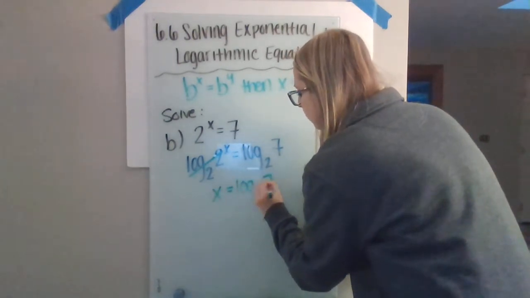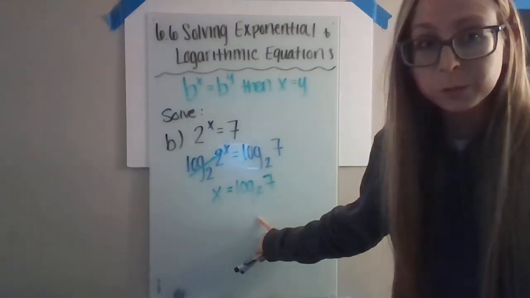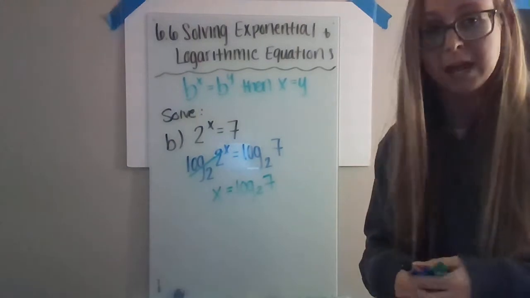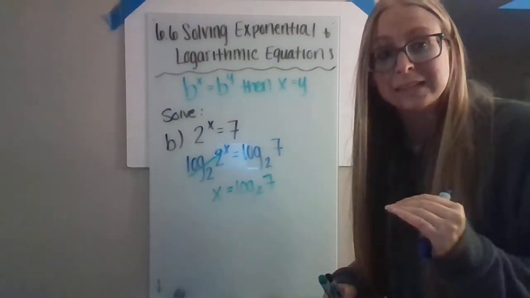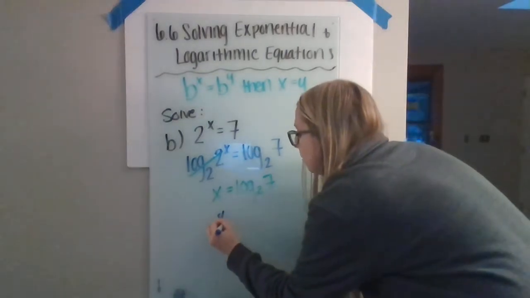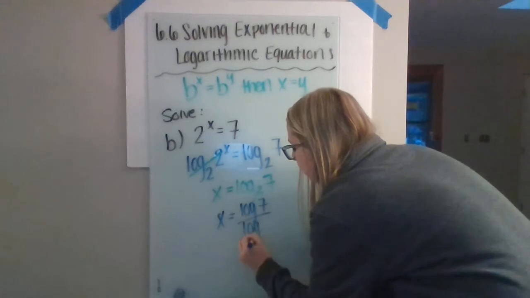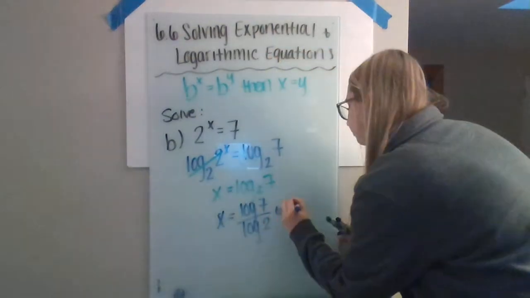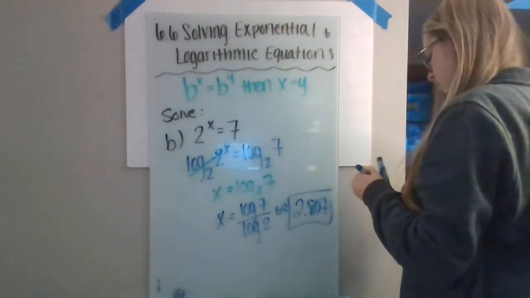x equals log base 2 of 7. And again, I know I cannot just plug that into a calculator. A few of you were emailing me about that. I have to use the change of base formula. The base, the b, is on the bottom. So log 7 over log 2 is approximately 2.807 in the calculator.